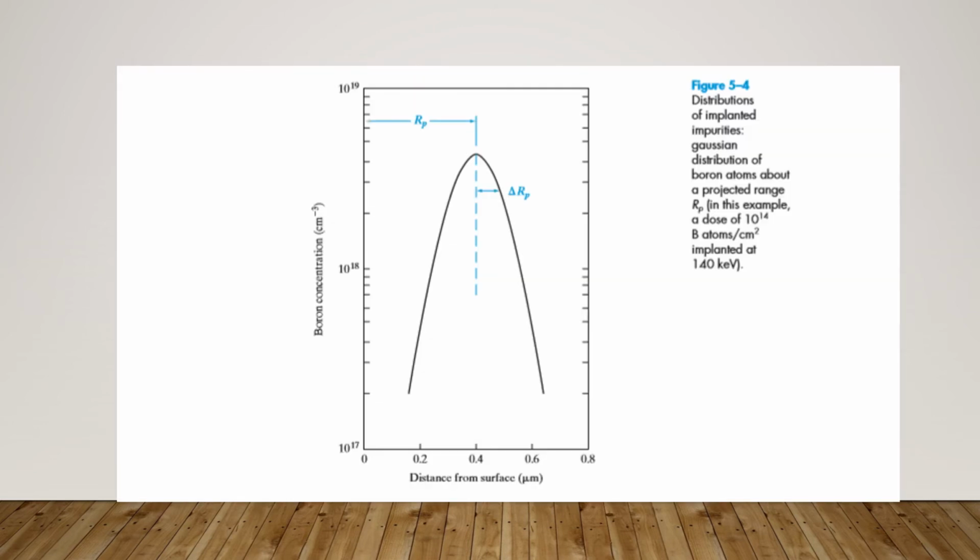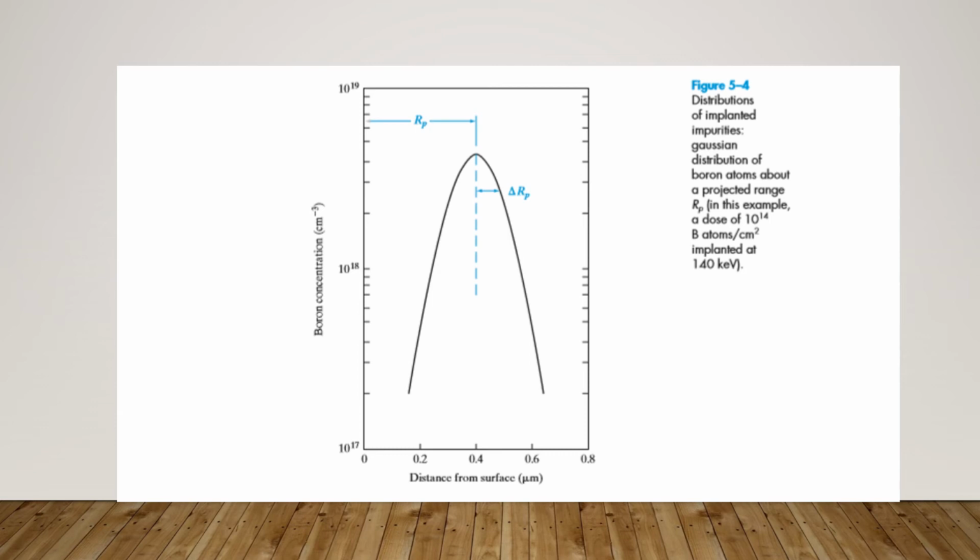Here in this figure it is explained that the distribution of implanted impurities obeys the Gaussian distribution, which has a certain projected range, and in this case almost 10^14 boron atoms per centimeter square are implanted at an energy of 140 electron volt.